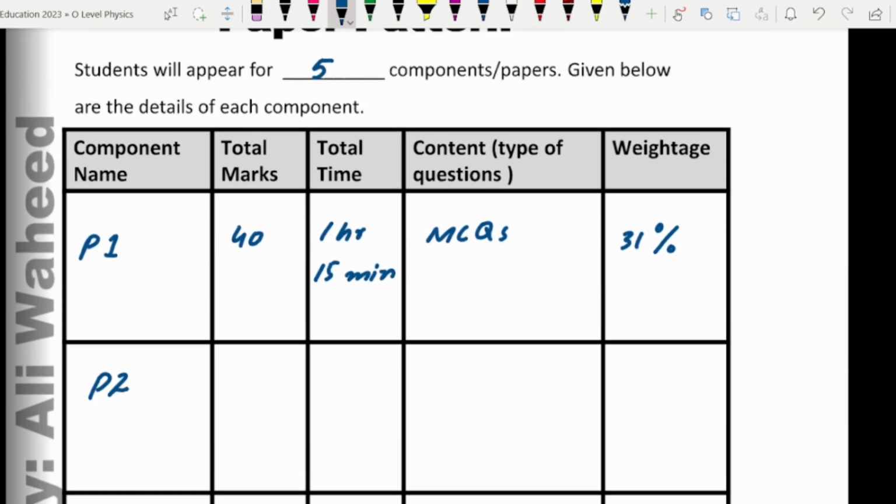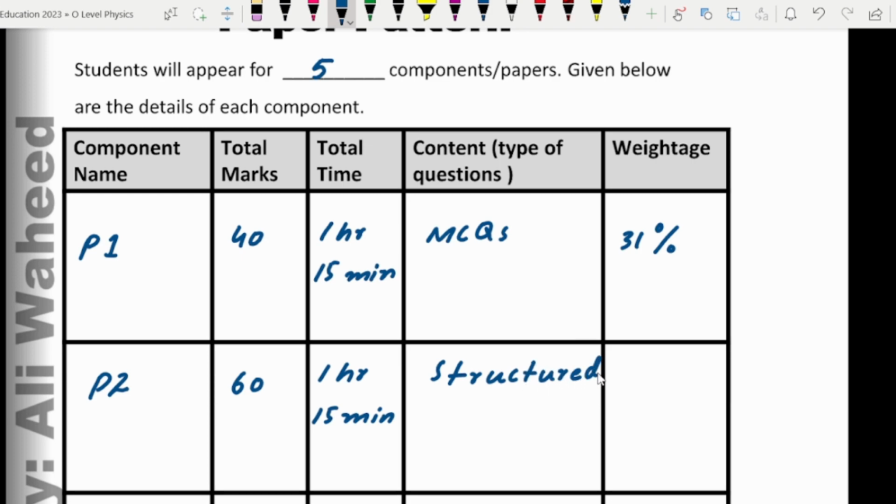Here we have paper 2, and this is going to be of 60 marks. In O-level physics we used to have paper 2 of 80 marks, but this one is only of 60 marks. You have to complete it in the same time, 1 hour and 15 minutes. Question type, structured questions.